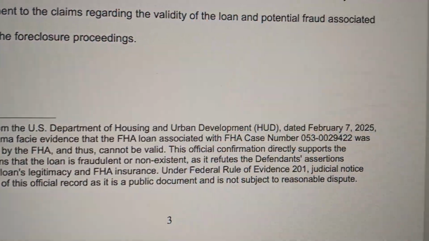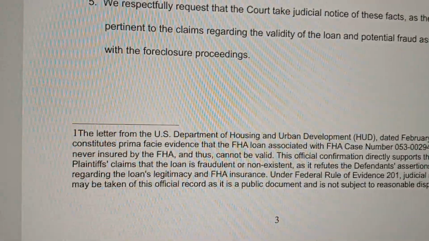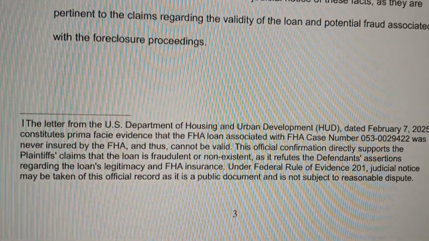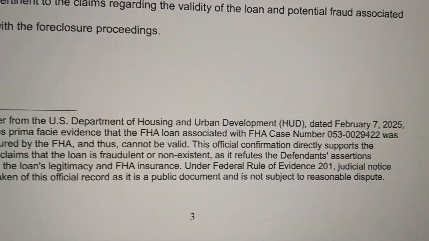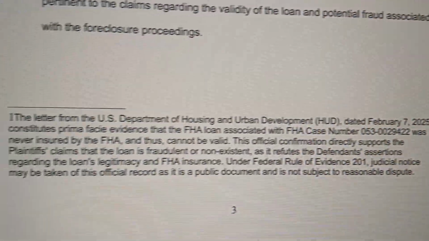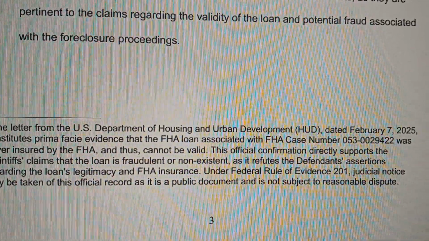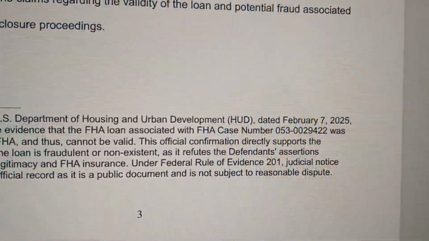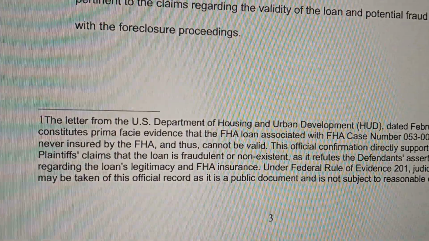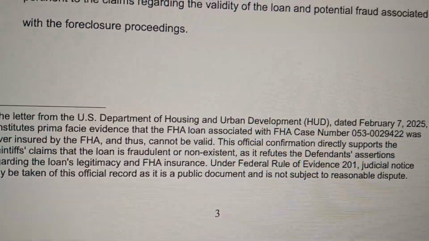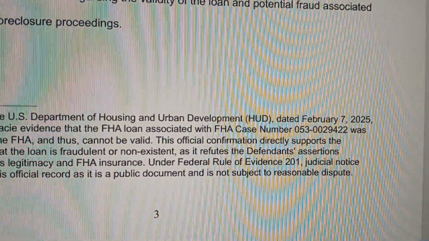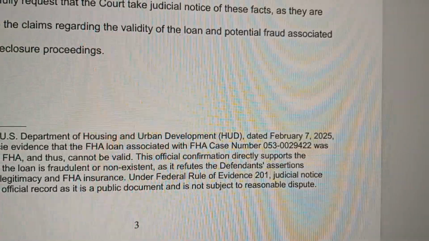This official confirmation directly supports the plaintiff's claims that the loan is fraudulent or non-existent, as it refutes the defendant's assertions regarding the loan's legitimacy and FHA insurance. Under Federal Rules of Evidence 201, judicial notice can be taken of this official record as it is a public document and is not subject to reasonable dispute.